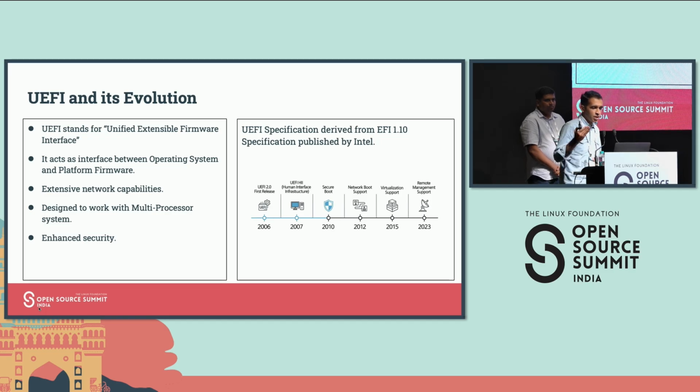Some of the main features that UEFI starts supporting are advanced network capabilities, like network boot, such as PXE boot. It has a lot of network protocol support, such as DHCP configuration, and it also supports IPv4 and IPv6 protocols.